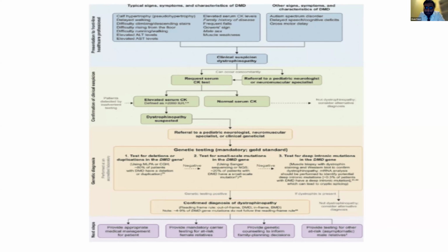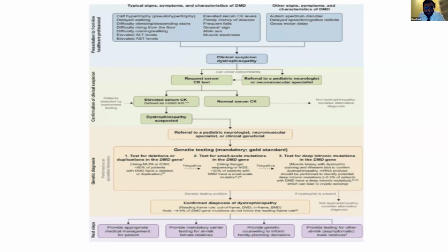The next most important step is to perform genetic analysis. This is the confirmatory or gold standard test. The first test is to look for deletions or duplications in the DMD gene. This is found in about 80% of people who have DMD gene mutations.